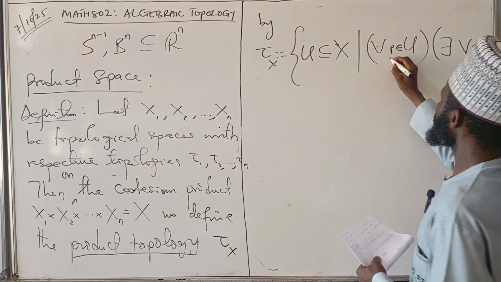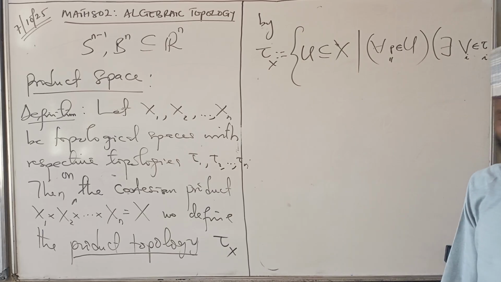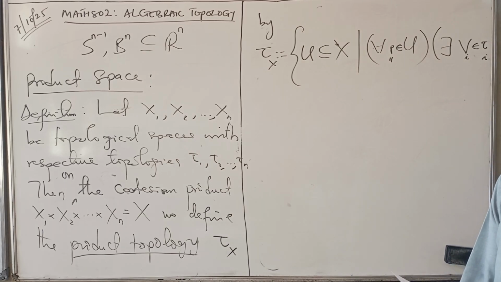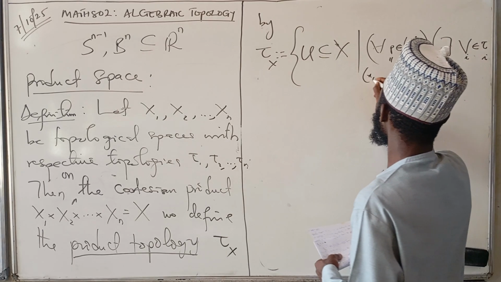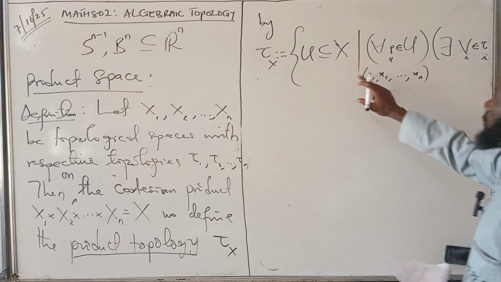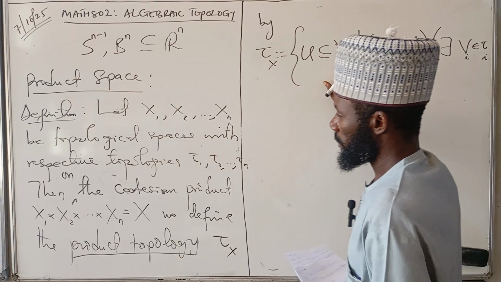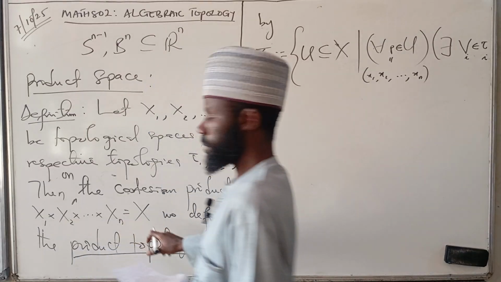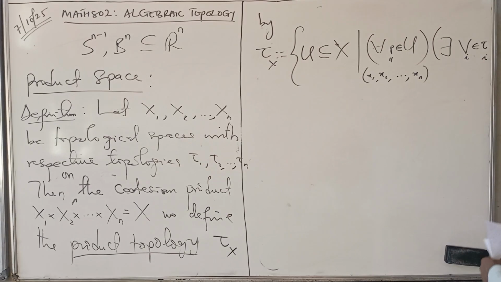Well, if you take a point here, it is x, it will be x1, x2 up to xn, because this is a Cartesian product. So if you take a subset, the points are n-tuples, like I said.